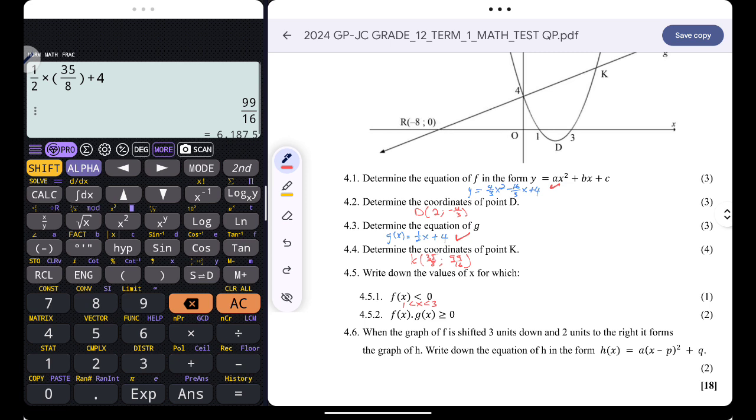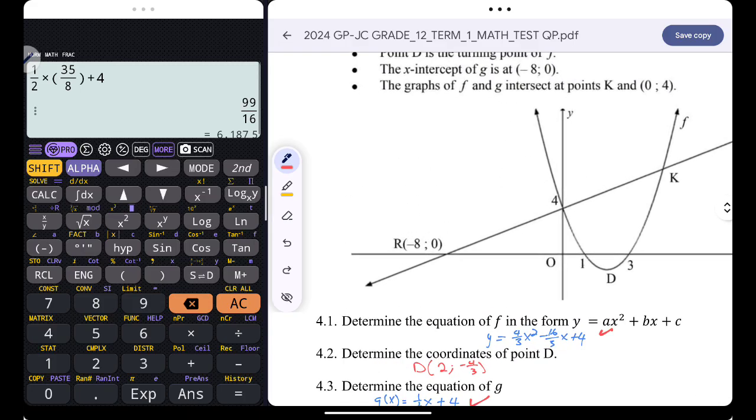Are you together? But since you're dealing with graphs, I just want to find out in which domain I have both of my graphs either above the x-axis or below the x-axis at the same time. Are you together? Okay.